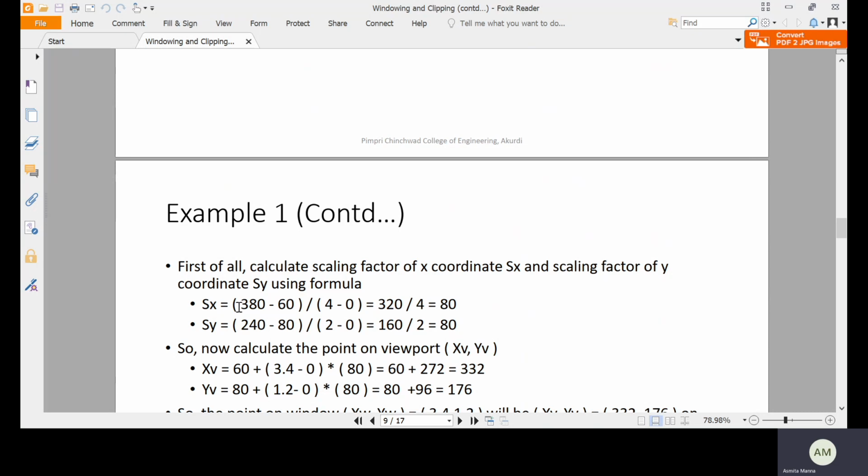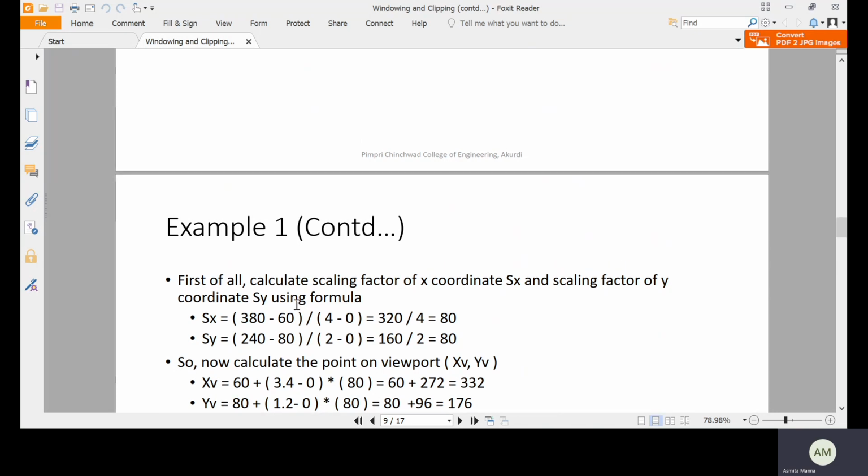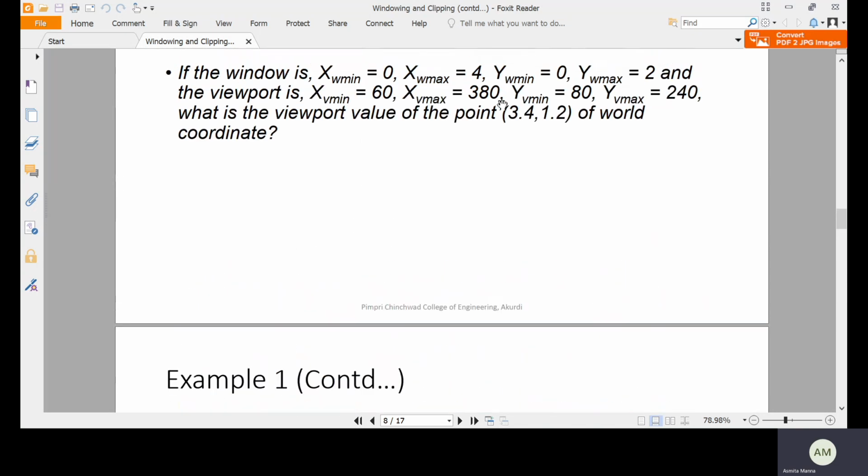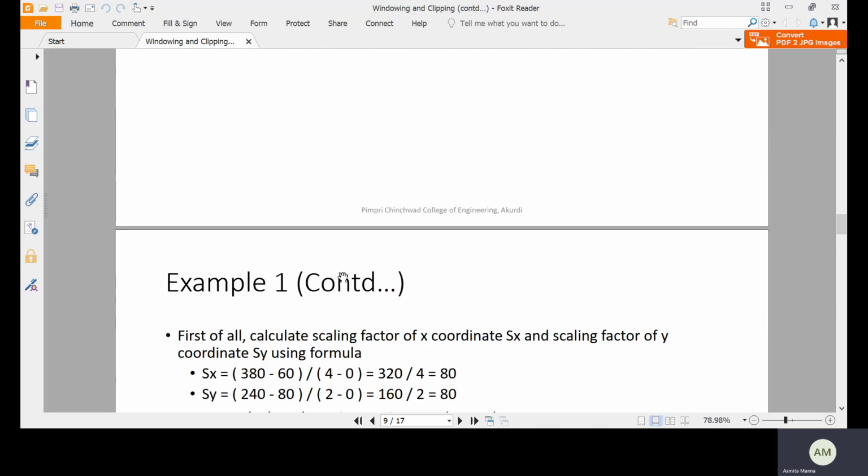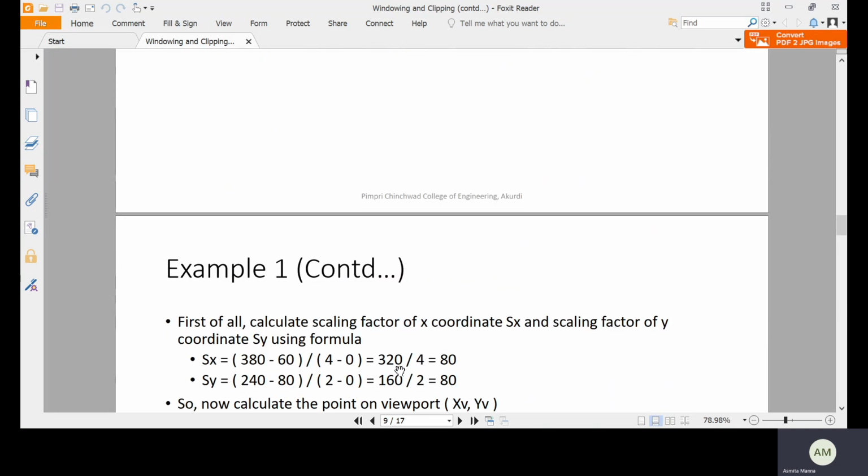So Sx will be xv max minus xv mean, 380 minus 60, by xw max minus xw mean, 4 minus 0. So it will come to 80. Similarly, Sy we have to calculate, right? Sy we are also getting the same value, 80.